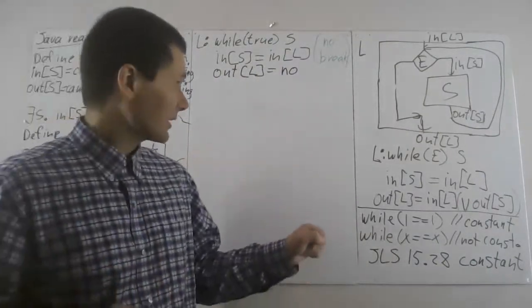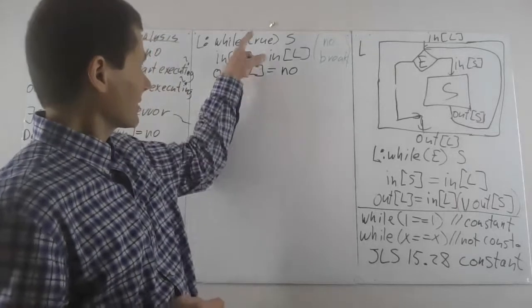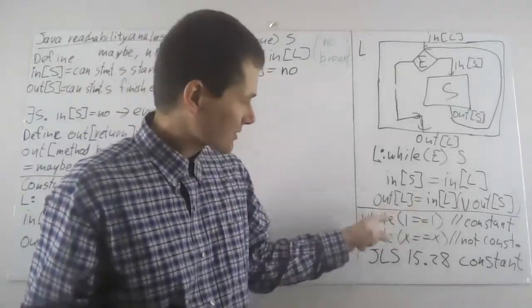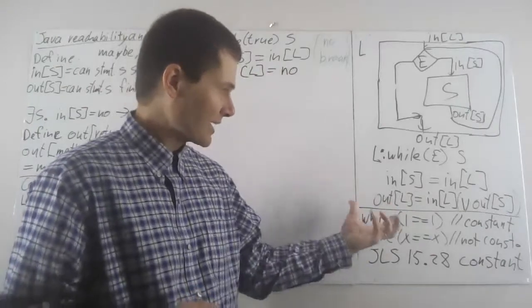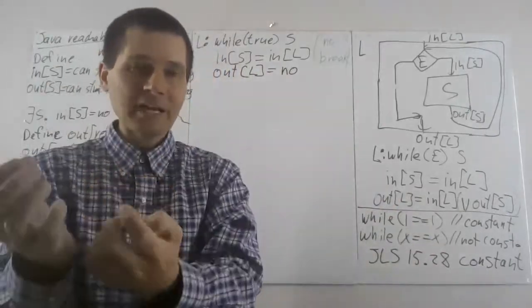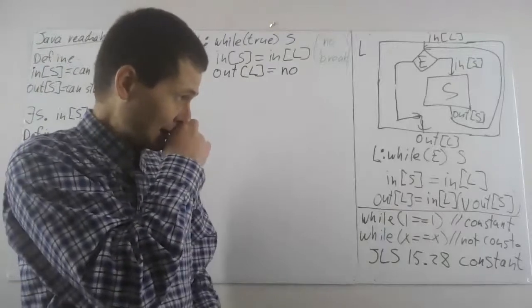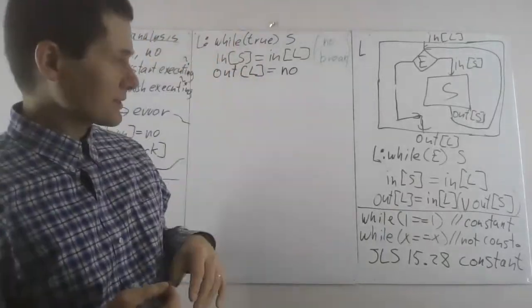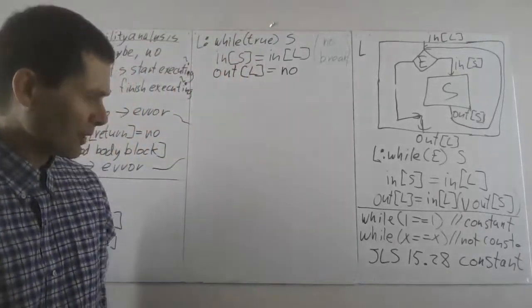The rule for while loops is that if you have a constant expression as the condition, and that constant expression evaluates at compile time to true, then it's an infinite loop, and you have to use these equations for it.